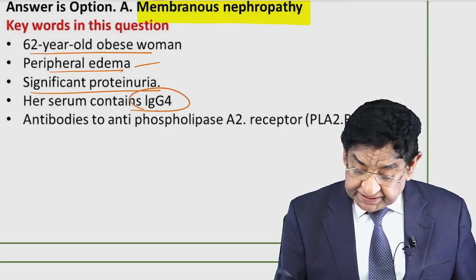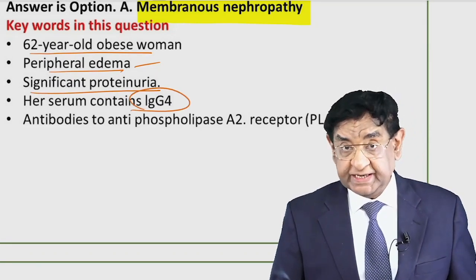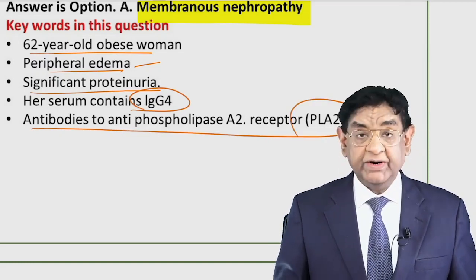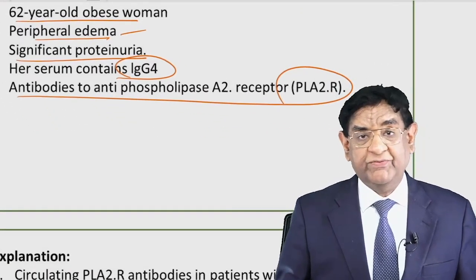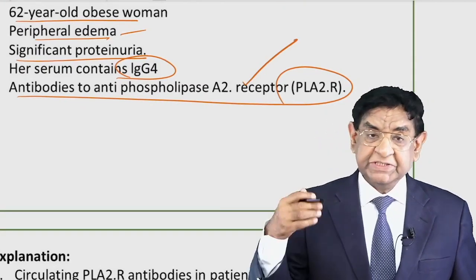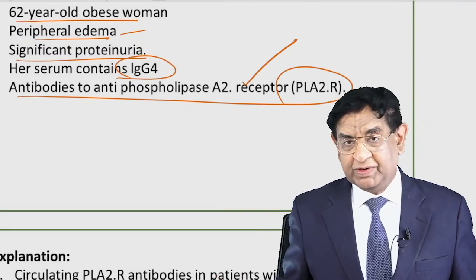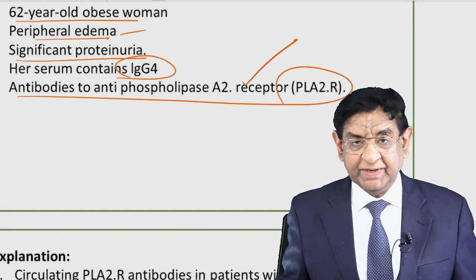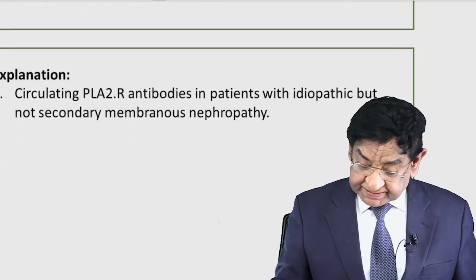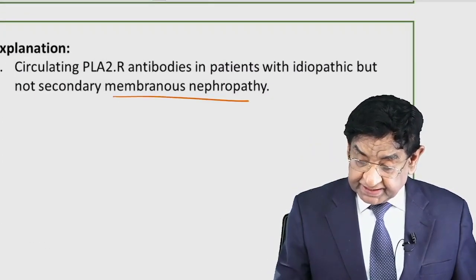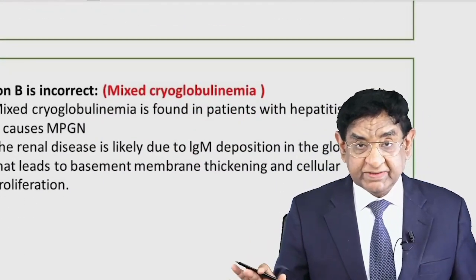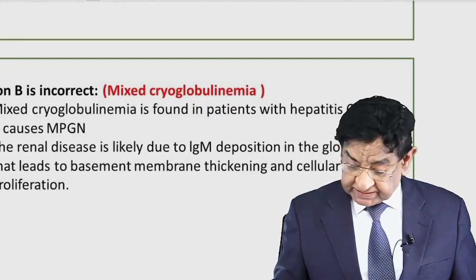Serum contains IgG4, which is seen in membranous, and antibody to PLA2R, which is virtually diagnostic of primary membranous. If you get this line, straight away with great confidence you can mark that you are dealing with primary, because this is seen only in membranous. So we can very comfortably say that we are dealing with membranous, and this antibody is not seen in anything else. However, I will discuss other points.